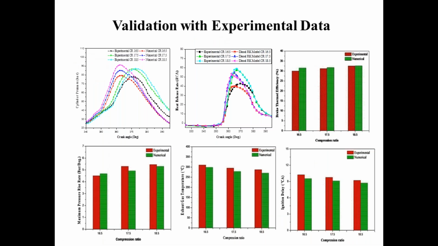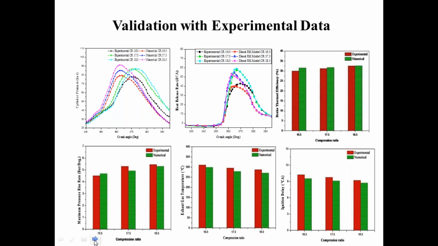So this graph shows the validation with the experimental data. As I told you, there are 2 types of validation. The first one is when we do the experiment ourselves and compare it with the simulation result.